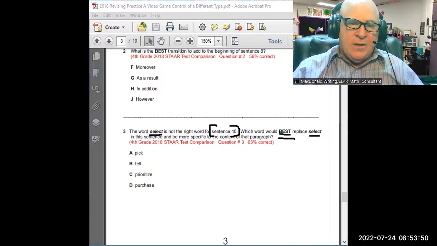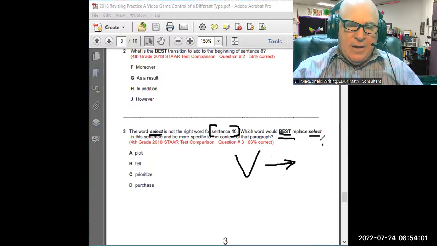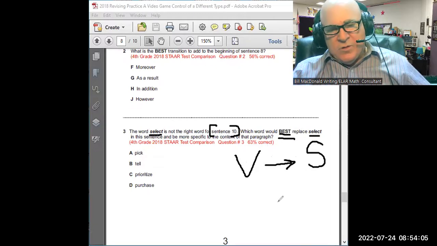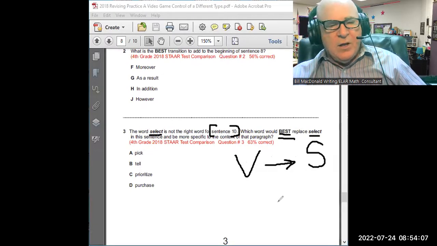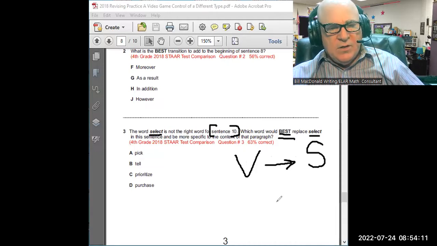So what are they saying? Let's get rid of the idea that's more vague and replace it with one that's more specific. Notice they didn't use the word substitute. 63% of the kids in Texas got it wrong.